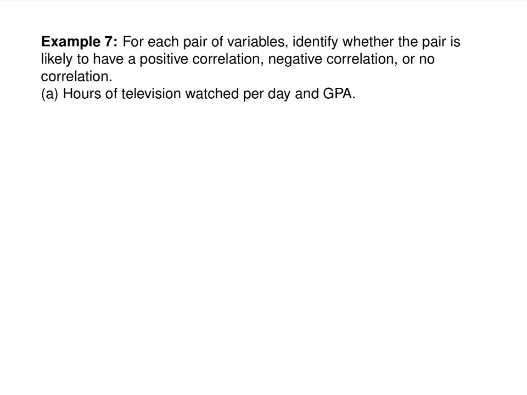Now for each pair of variables, identify whether the pair is likely to have a positive correlation, negative correlation, or no correlation. So hours of television watched and GPA. Would you expect that as hours of television watched goes up, GPA goes up or down? I'd say probably down. So this is probably going to be a negative association.